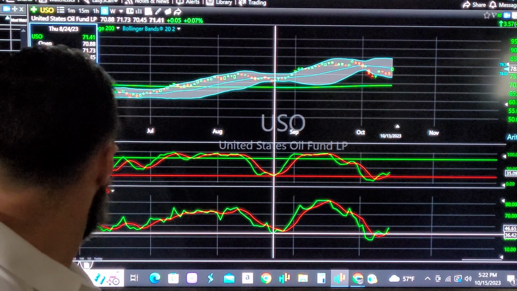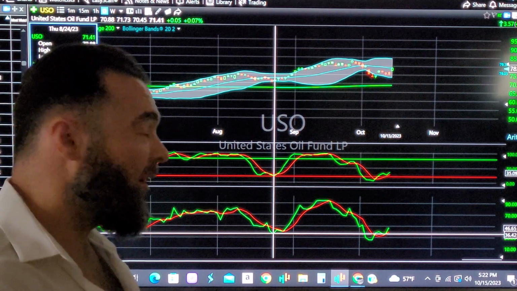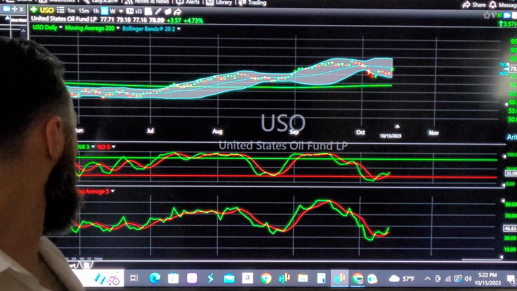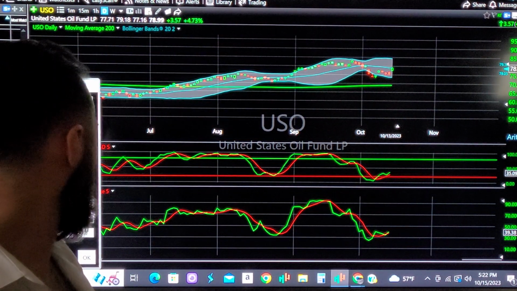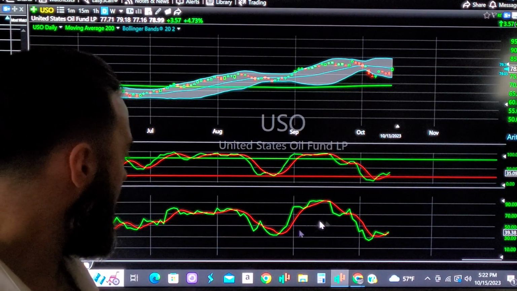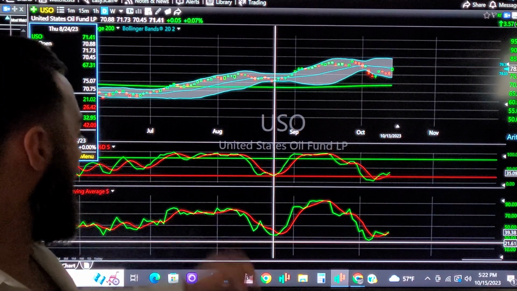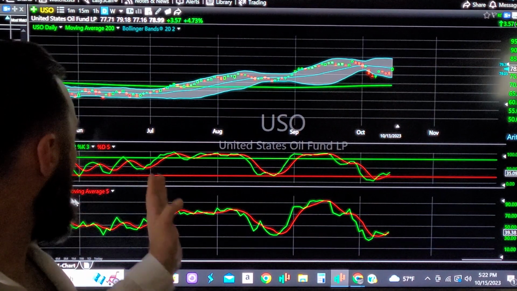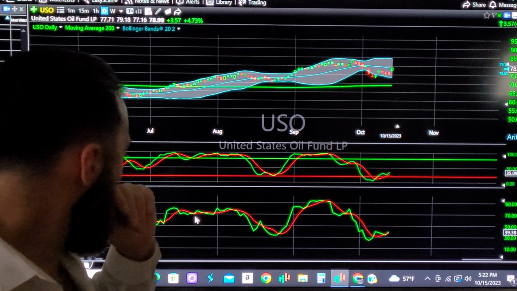The stochastics are 20, RSI is 35. So you almost got to change your, let's move RSI to 12 and see if that, see how it changed it, but we're still at 20 to 32.